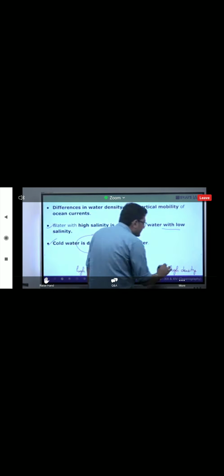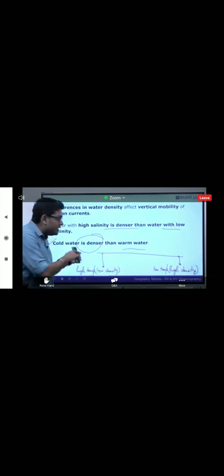Here, let's say I have high density because of low temperature. Now, because of high temperature, everything tends to expand a bit. So the water column will also tend to expand a bit. Here, the water column will get compressed a bit.